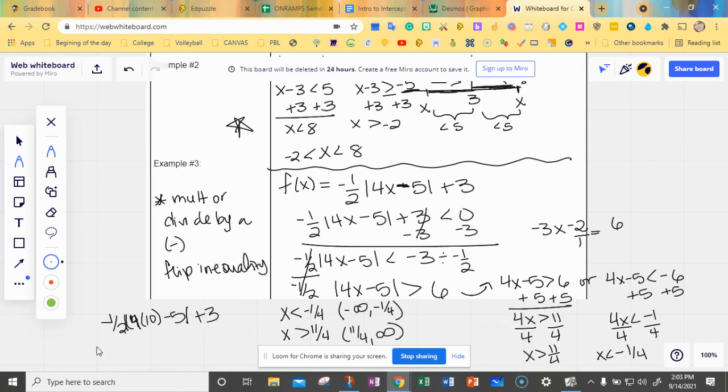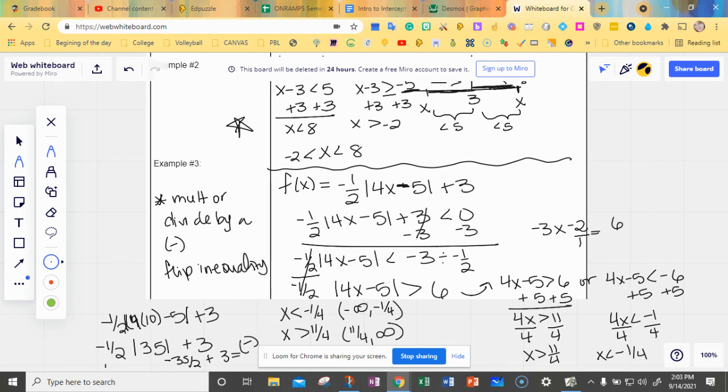Well, negative 1/2, 4 times 10 is 40, minus 5 is 35. Absolute value of 35. And you guys can tell that negative half times 35 is negative 35/2, plus 3 is still going to give me a negative value. So we can test that out and double check that it works.